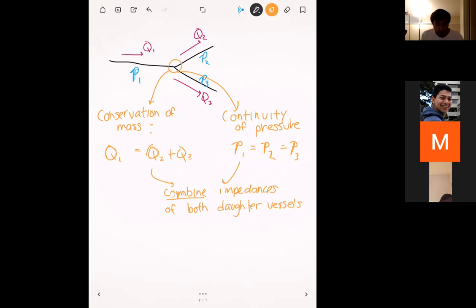And so if we define two new variables, and let's say that we define Zi2, and this is the input impedance of branch 2.